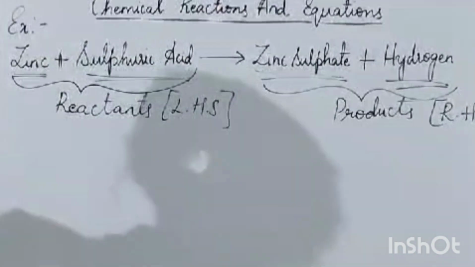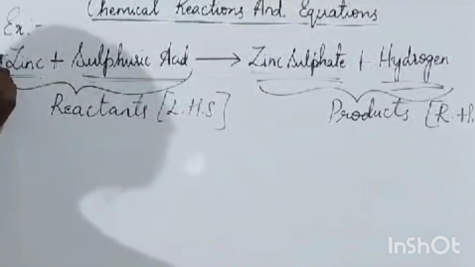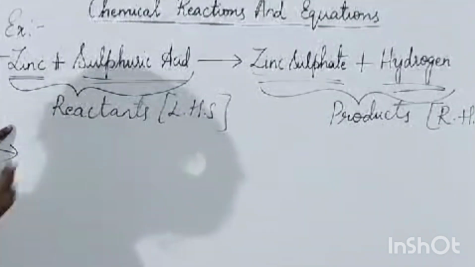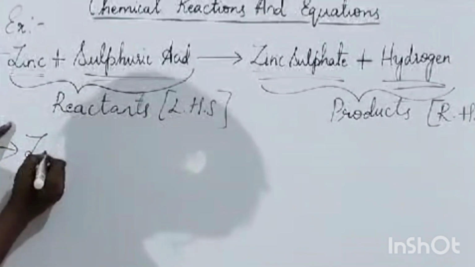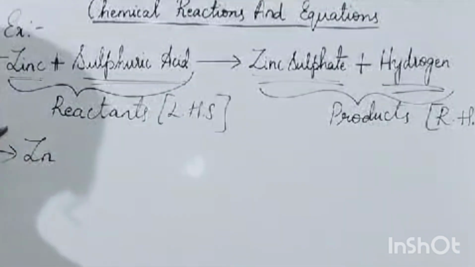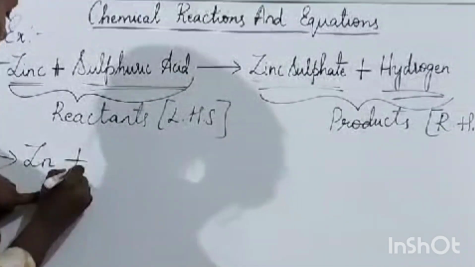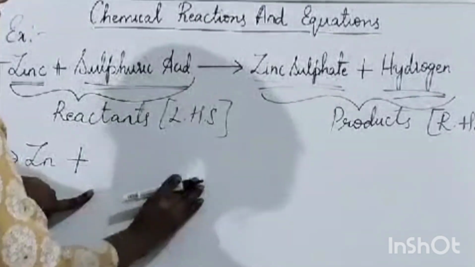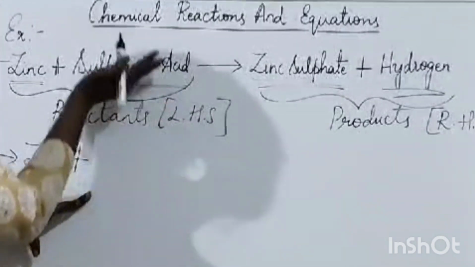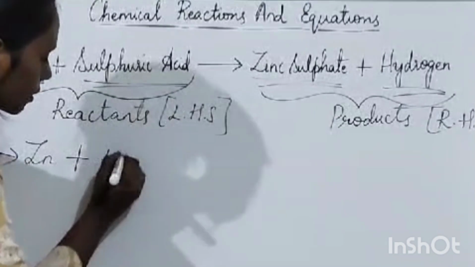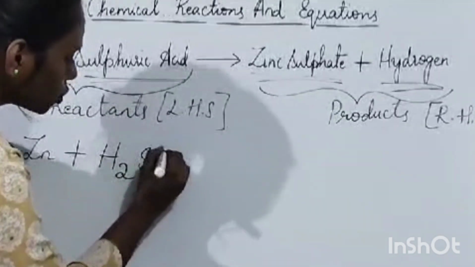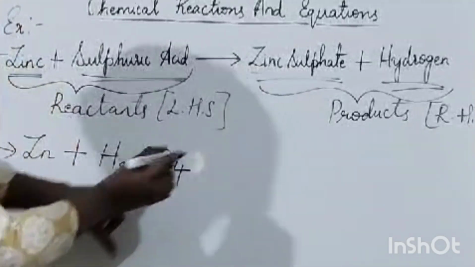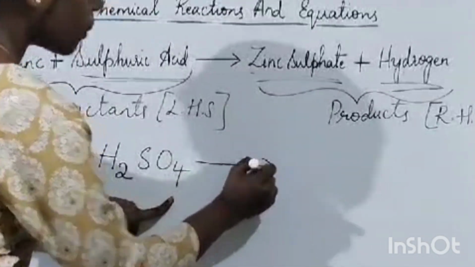Done. Now let us balance this equation. The elemental form of zinc is Zn, and zinc is reacting with sulfuric acid. The chemical formula for sulfuric acid is H2SO4. So these two are reacting to form products.